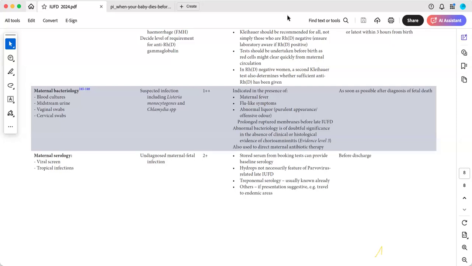Okay, friends. I know that the tables of the testing or the serology required are a bit lengthy, but it will be interesting if you go through it.